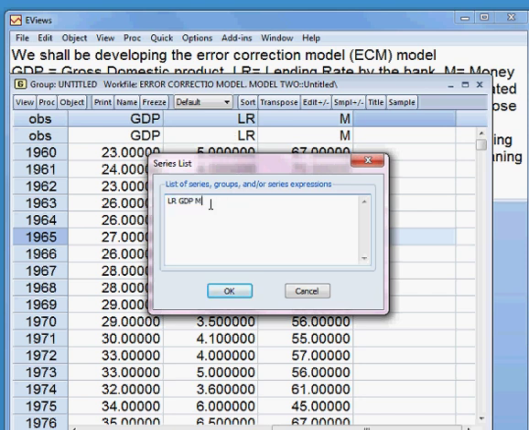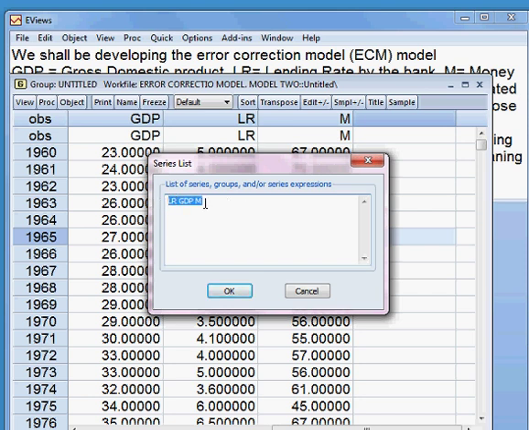We assume all three variables are non-stationary at level, meaning they have a unit root, but after first difference they become stationary. Only then can we run the Johansen test.